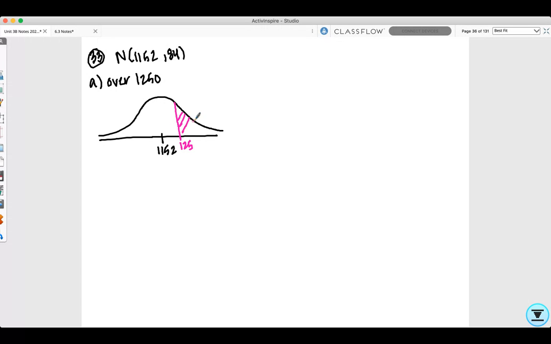Over 1250 would mean we would shade this side. And first, we would need to standardize this. So we'd have z equals x minus mu all over sigma. So z would be 1,250 minus 1,152 all over 84. And I get a z of 1.167.